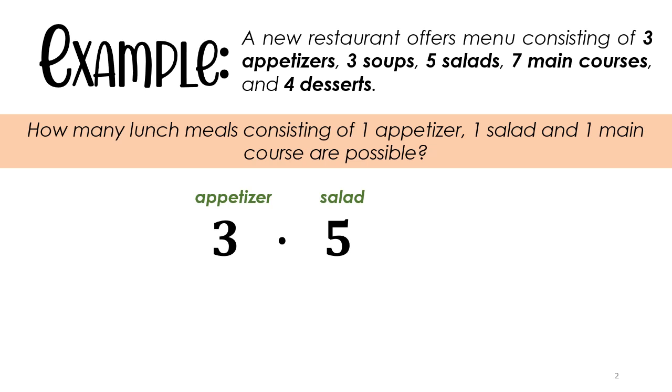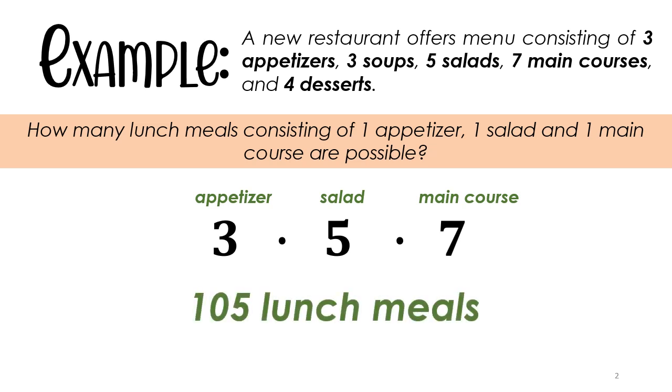And lastly, for the main course, we have 7 choices. So to find the combinations of lunch meals that we can have, we just have to multiply 3 times 5 times 7. Therefore, we can have 105 lunch meals consisting of 1 appetizer, 1 salad, and 1 main course.